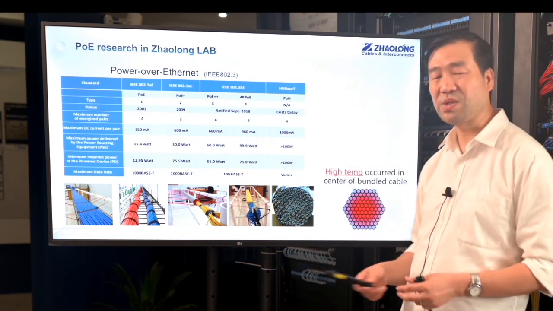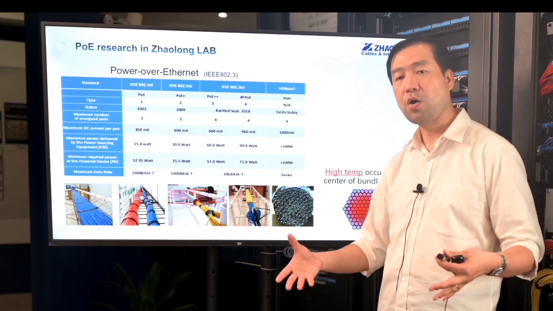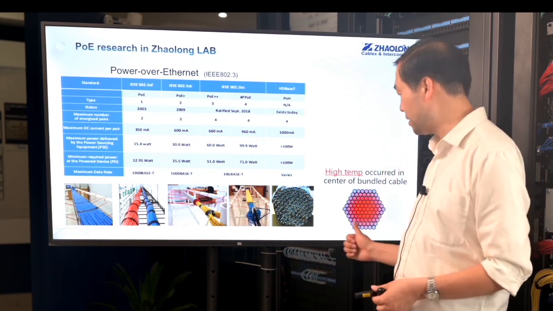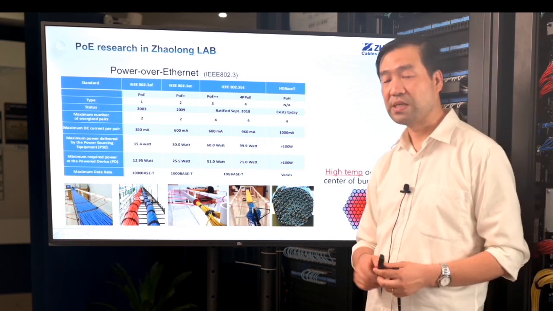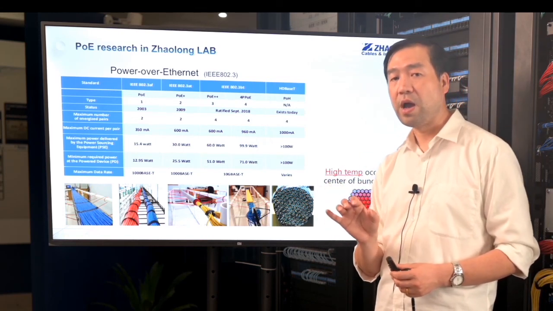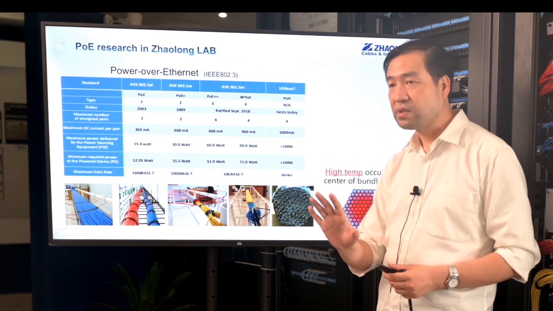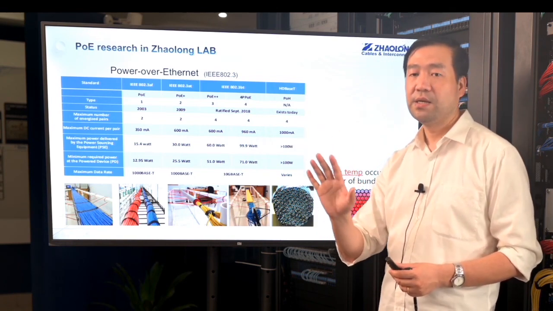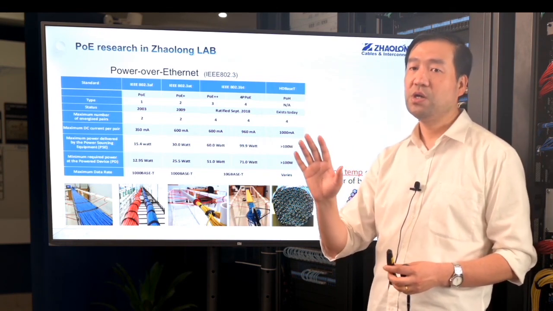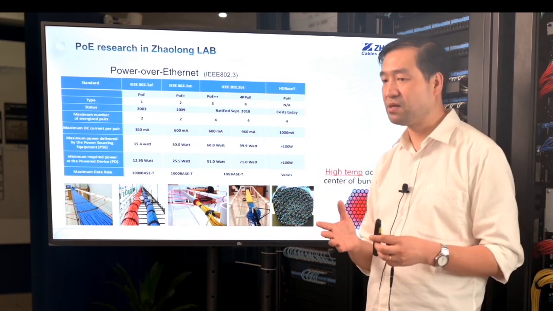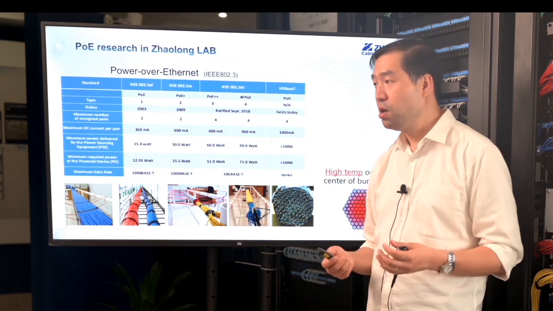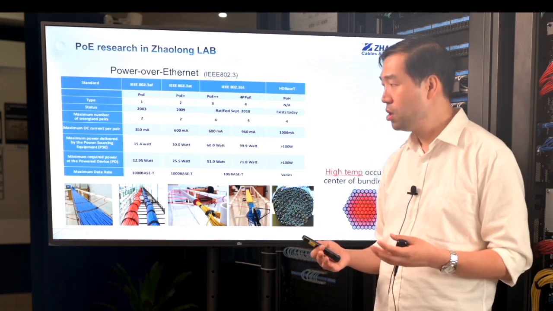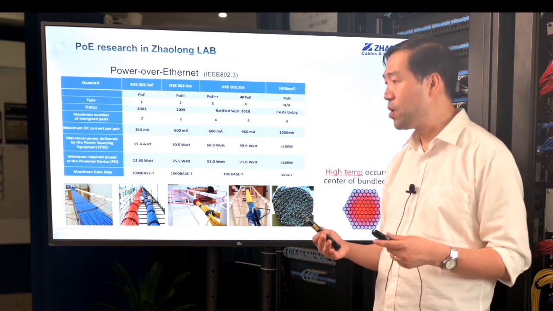So you can see what happens if we bundle all the cable together like this. So we know the center of the bundle will got the temperature raised. So the high temperature will let the cable not work good. So what solution can we provide to you?